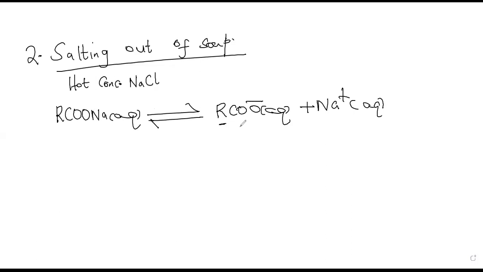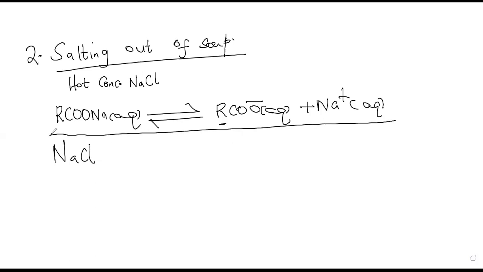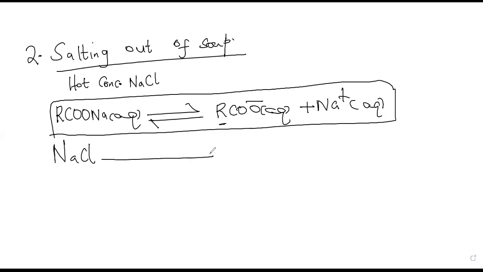Now, when you add the concentrated sodium chloride, remember soap itself has already established equilibrium. So addition of concentrated sodium chloride will increase the concentration of sodium ions, because it forms sodium ions and chloride ions.